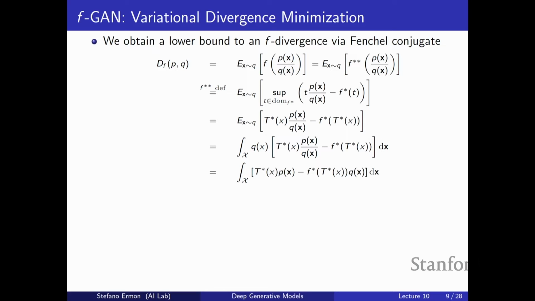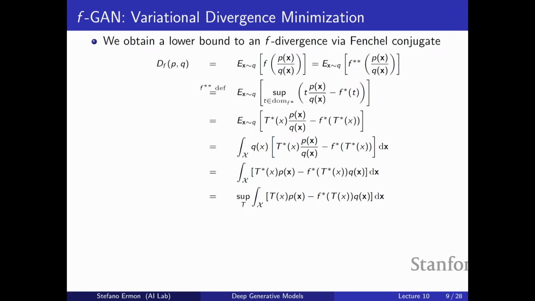I saw that you pulled out the supremum from the T's. How do you parameterize or represent T? The next step is that, equivalently, there is going to be some function that we call T that gives you this optimal value T star for every x.